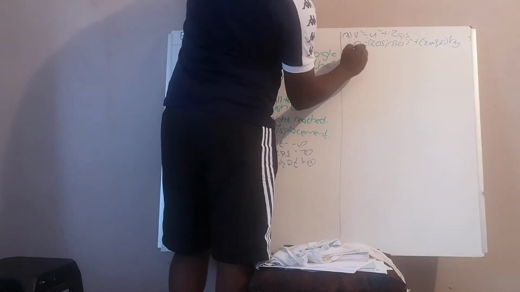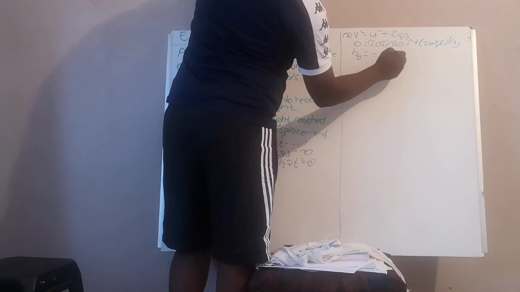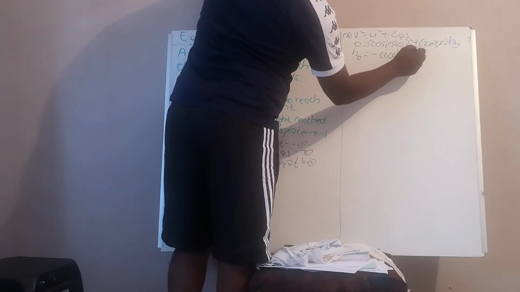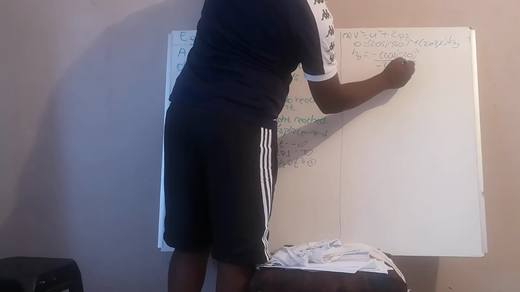Make h the subject of the formula once more: negative 20 sine 20 all squared divided by negative 2 times 9.8.